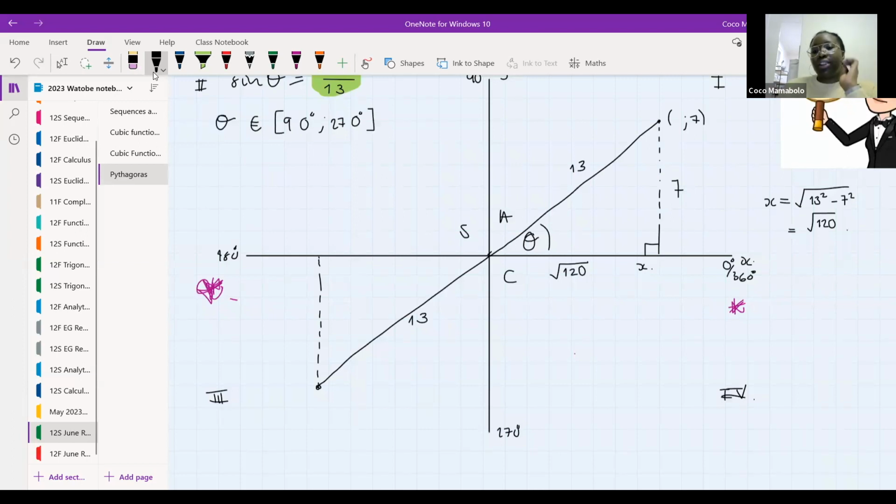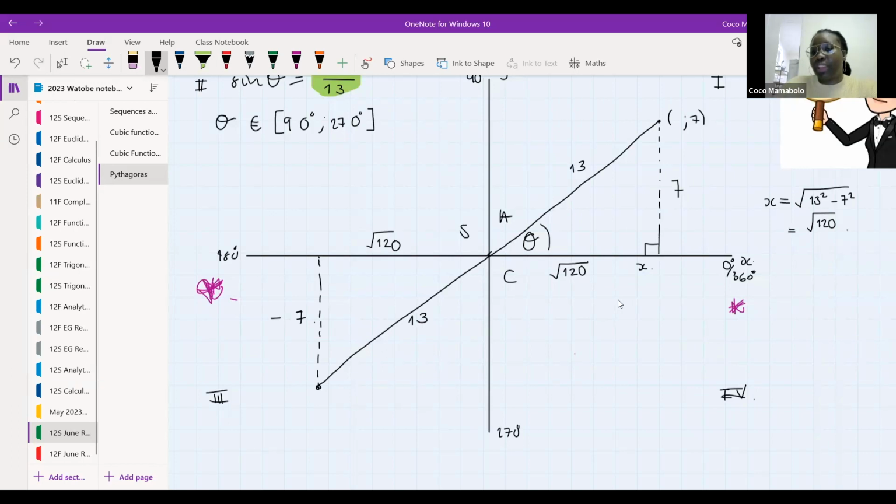I'm going to answer your question just now. This becomes -7. And even though we've calculated that our x is equal to the square root of 120, what do we know about this value right there where we've put it at the moment?